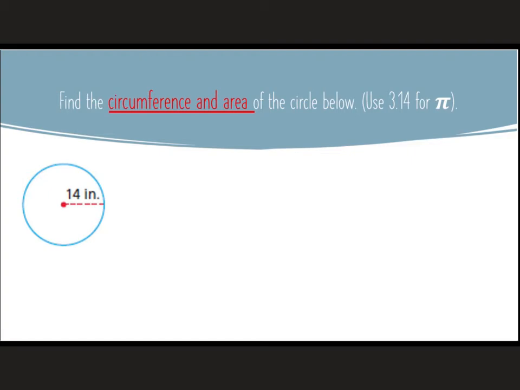All right, same idea. They give us a circle on the side. We have to find circumference and area of the circle below. They do tell us to use 3.14 for pi. So circumference, remember, that is pi times our diameter. So let's substitute our numbers. 3.14 times our diameter. In this image, they only give us our radius.